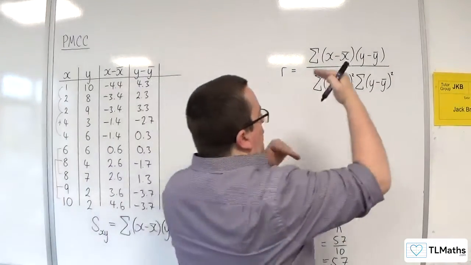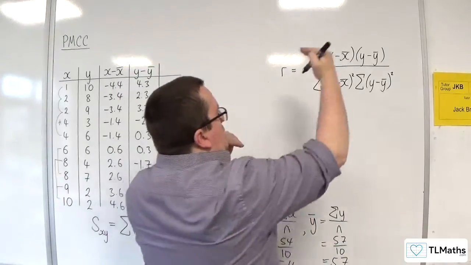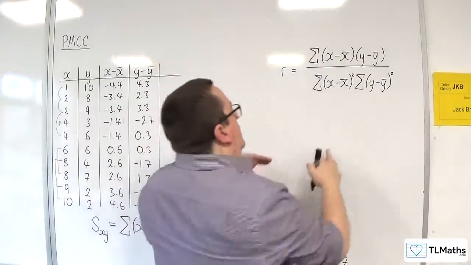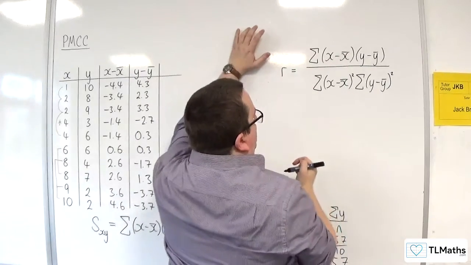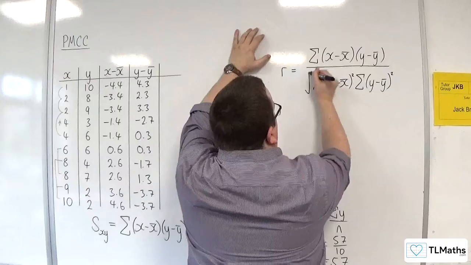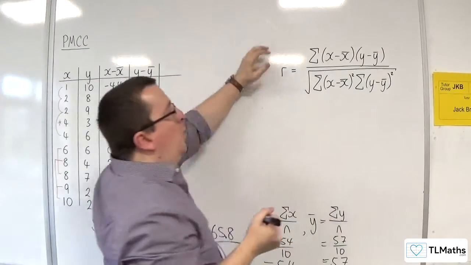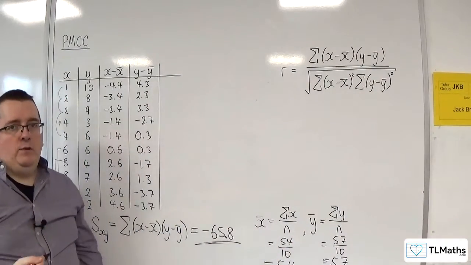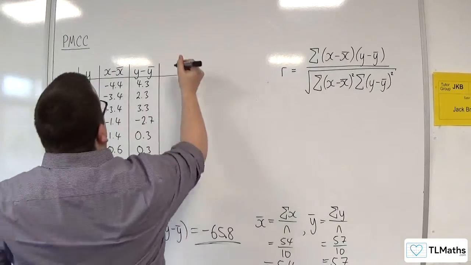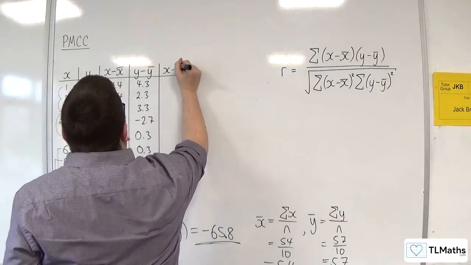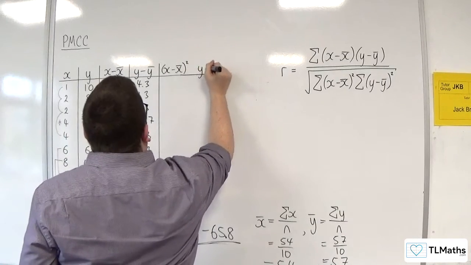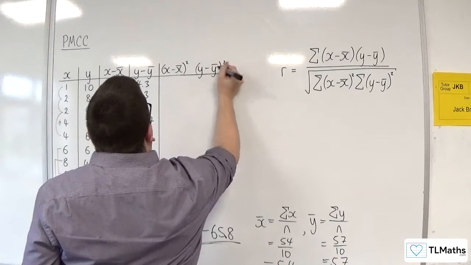So the order of the polynomial in the numerator and denominator are not balanced. So to make sure that I am scaling it correctly, I need to divide through by the square root of this. That's how you counteract it. So what I need is x take away x bar squared and y minus y bar squared.